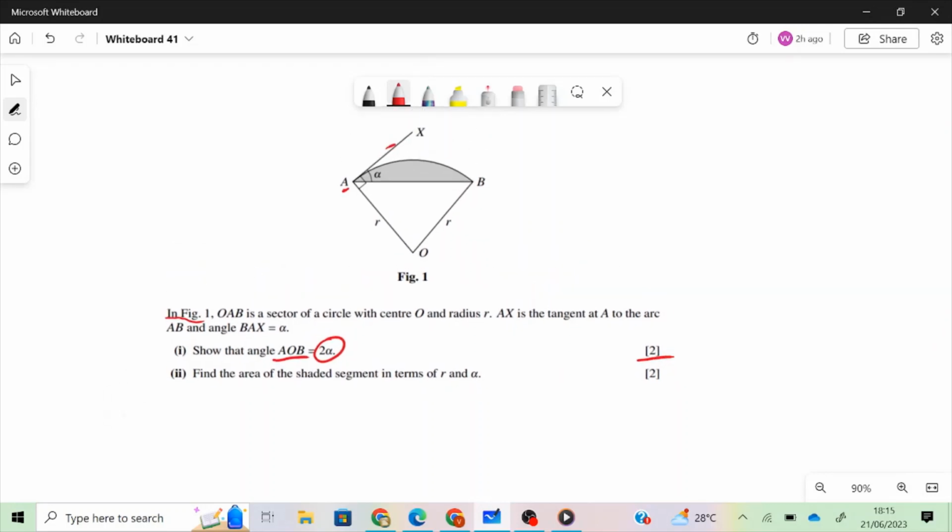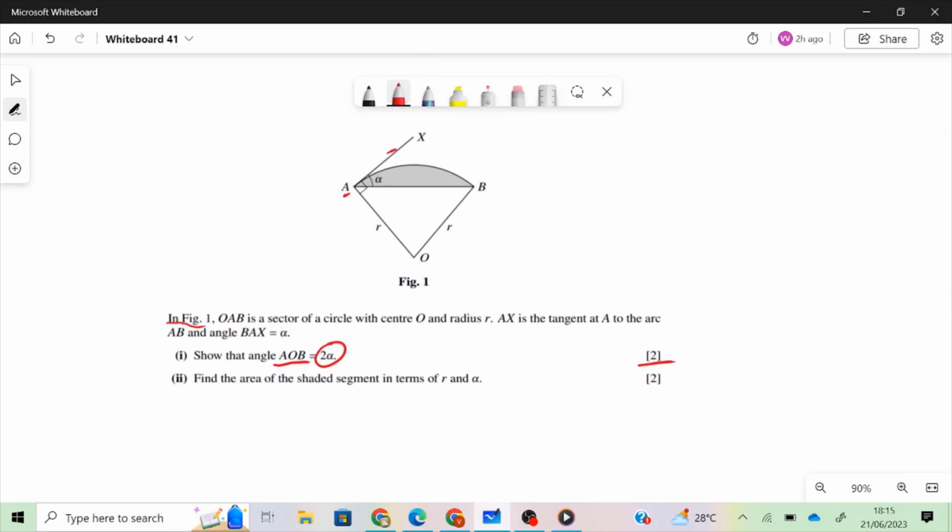Let's have a look at the diagram again. We can see that there is a right angle over here, that means it's 90 degrees, right? And we know that from here to here, as it's shown, is alpha. So from here to here would obviously be 90 minus alpha.